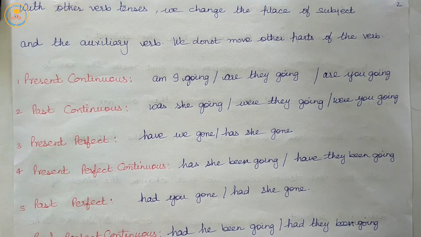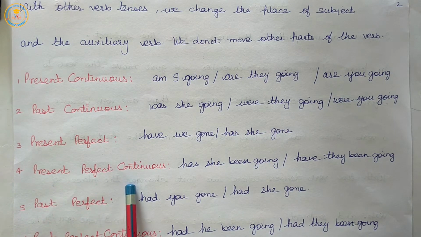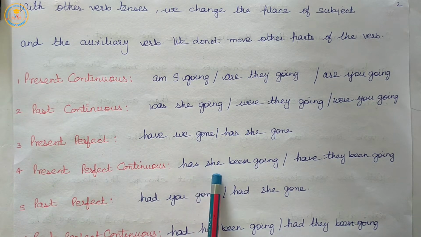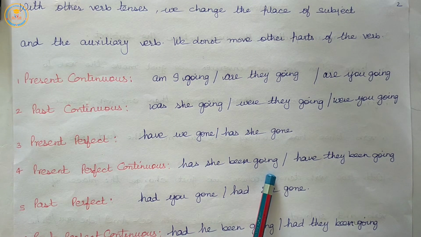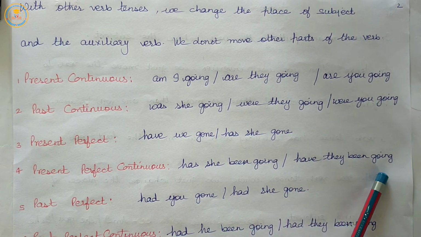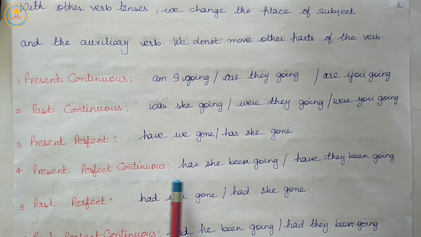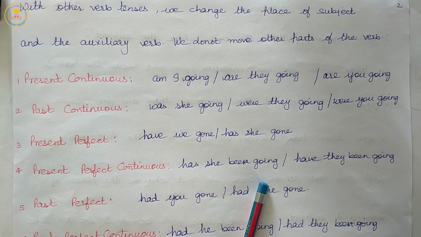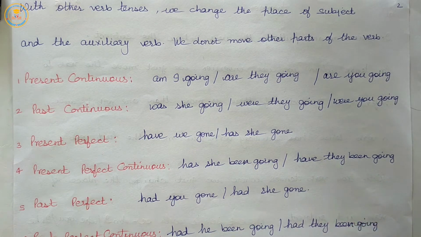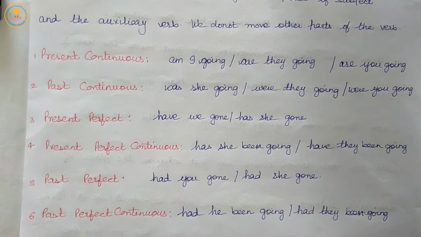Has she taken the breakfast? Like this. Present perfect continuous: has she been going? Have they been going?